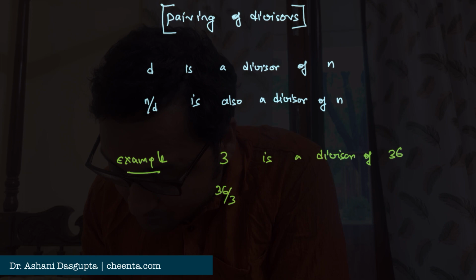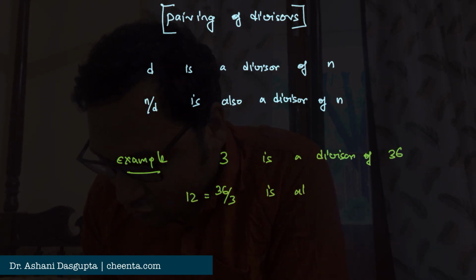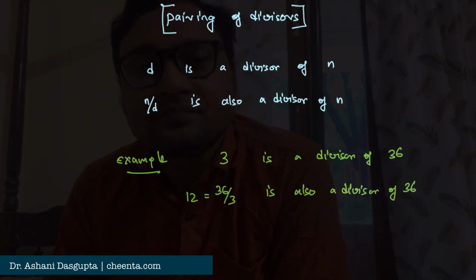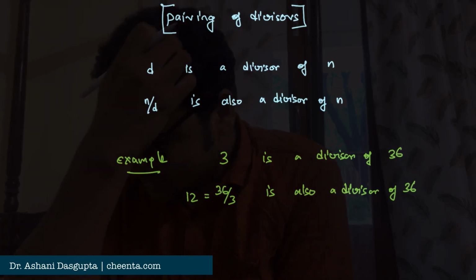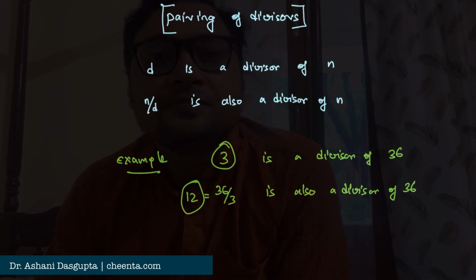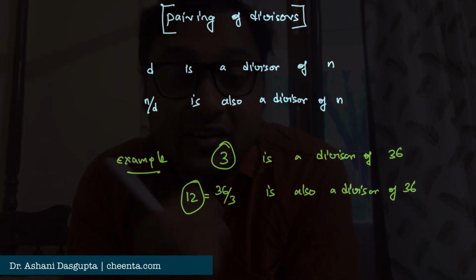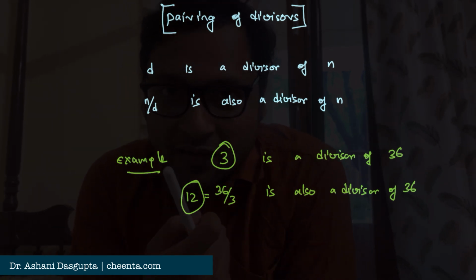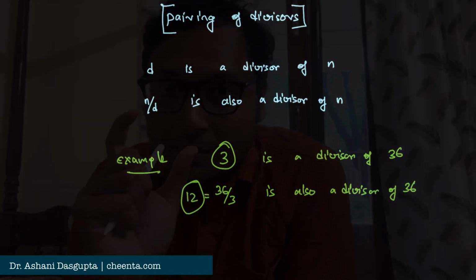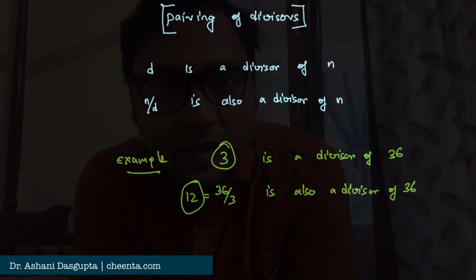So 36 by 3, which is 12 by the way, is also a divisor of 36. Right? So 3 and 12 are pairs. You can think of them as friendly divisors. The divisors come in pairs.